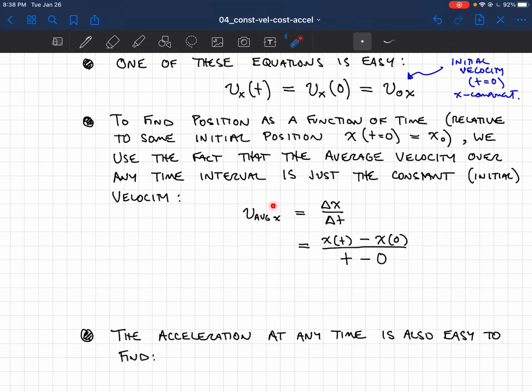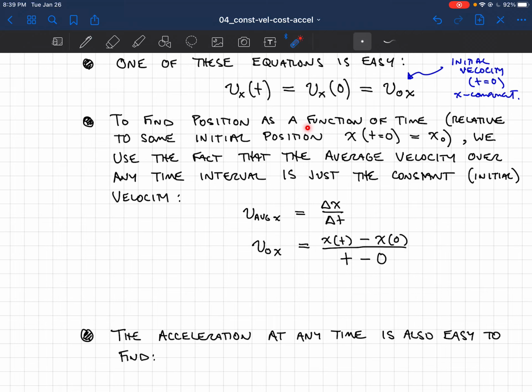And now we know, since we're talking about constant velocity, the average velocity at any moment is going to be equal to the constant velocity, which is the initial velocity. So I can replace this with v0 sub x. So what does that lead to?